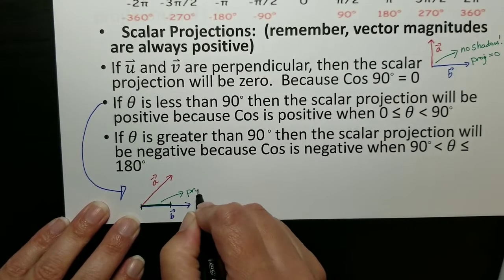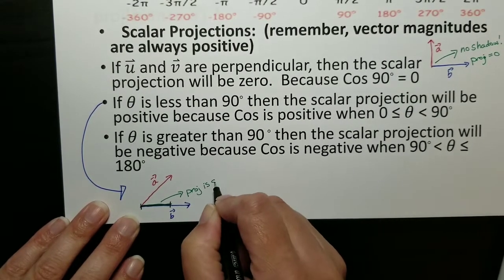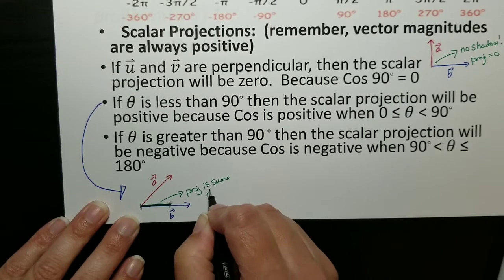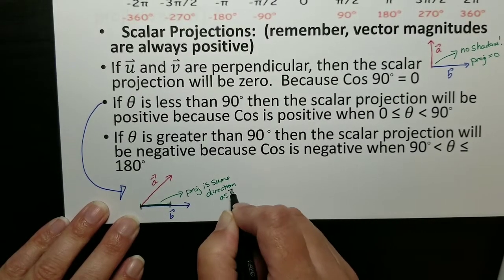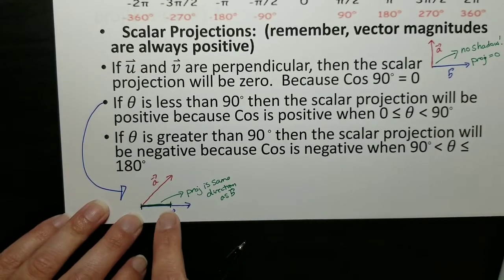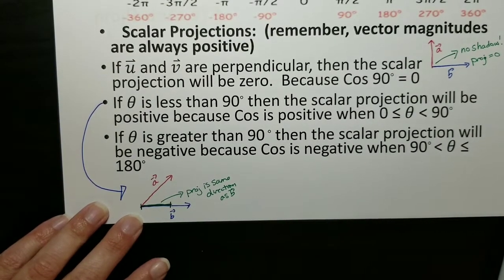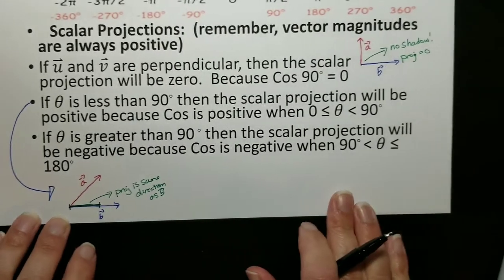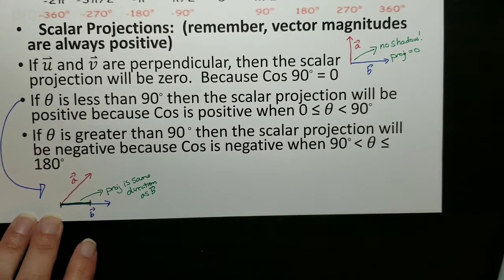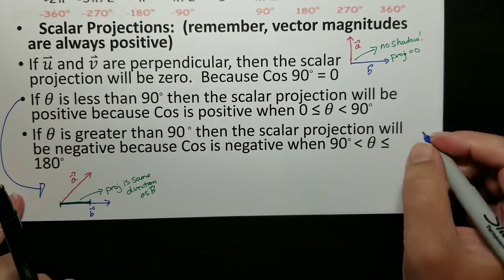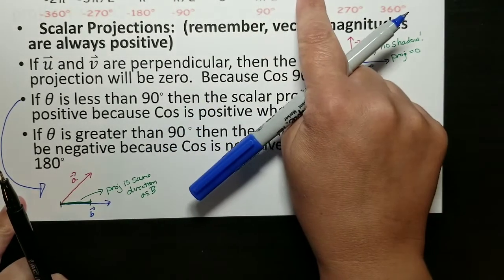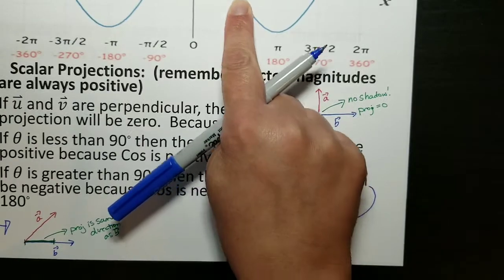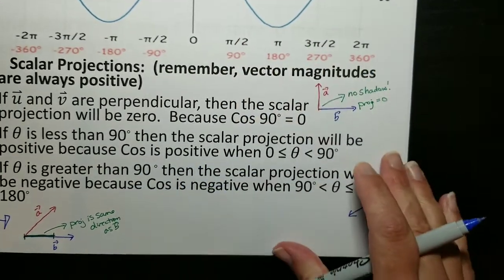So the projection is in the same direction as B, where we would draw that goes along vector B when they're placed tail to tail. If we have the second case, an obtuse angle, bigger than 90, we know that past 90 the cosine of those obtuse angles is going to be negative.